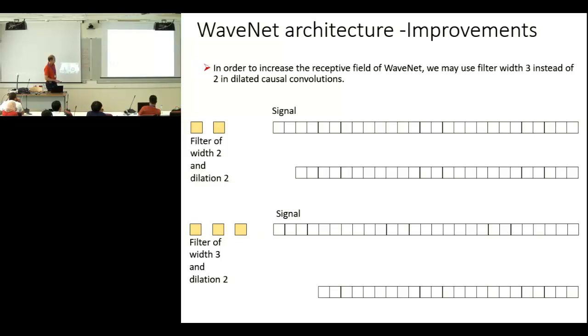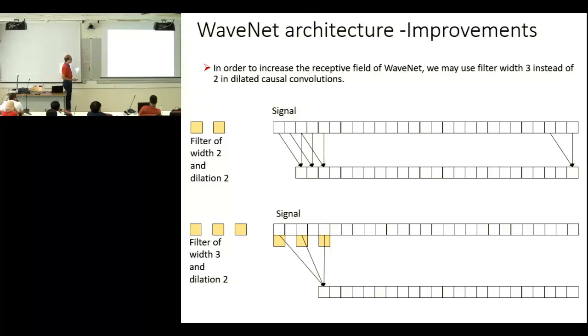Another improvement, which can also make the wavenet a little bit faster, is instead of having filters of width 2 and dilation 2, we can have filters of width 3 and dilation 2, which I show you how they operate. Here we have a width of 3.